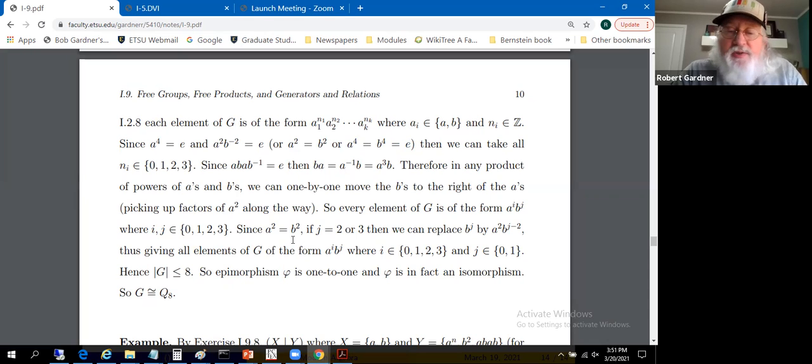It's the fact that B turns out to be of order 2. We've got A squared equals B squared, as given here. If J equals 2 or 3, then we can replace B to the J by A squared, B to the J minus 2. I mean, A squared equals B squared. So certainly B to the J is the same as this.